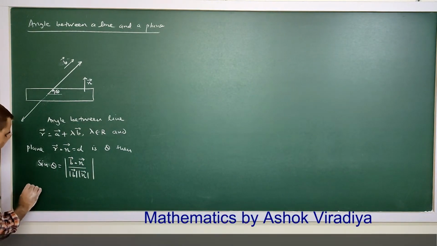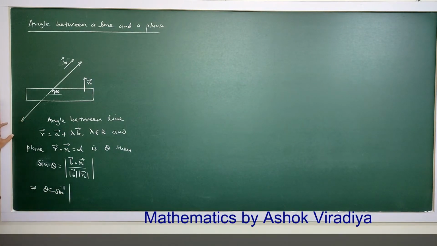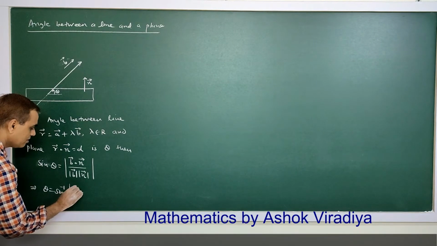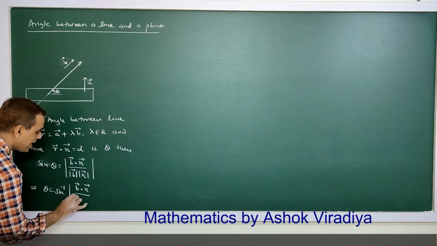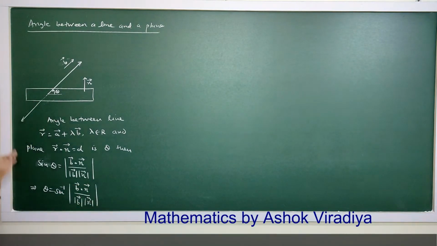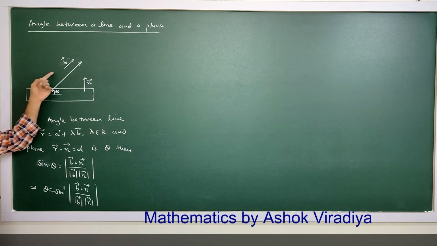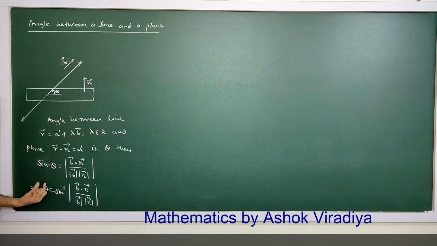That is theta is sine inverse modulus of vector b dot vector n upon magnitude of vector b, magnitude of vector n. So here we use direction of line and normal to the plane, and here we use sine theta.